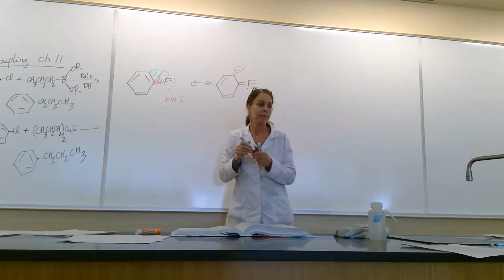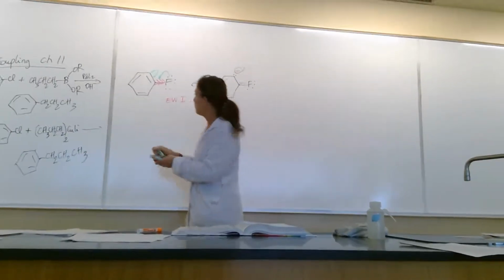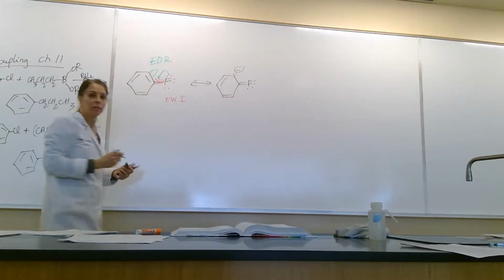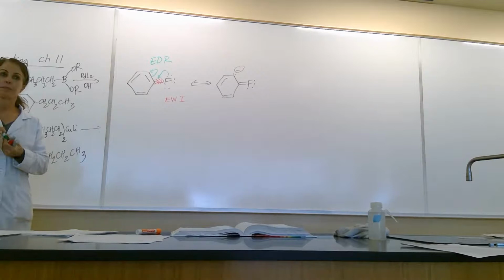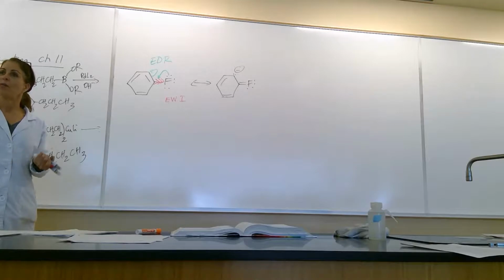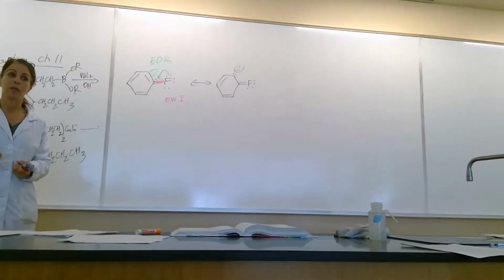By resonance. The green stuff shows electron donating by resonance. The question is, which one is stronger? Is it donating or withdrawing? The reality is it's withdrawing. Definitely it withdraws stronger than it donates.